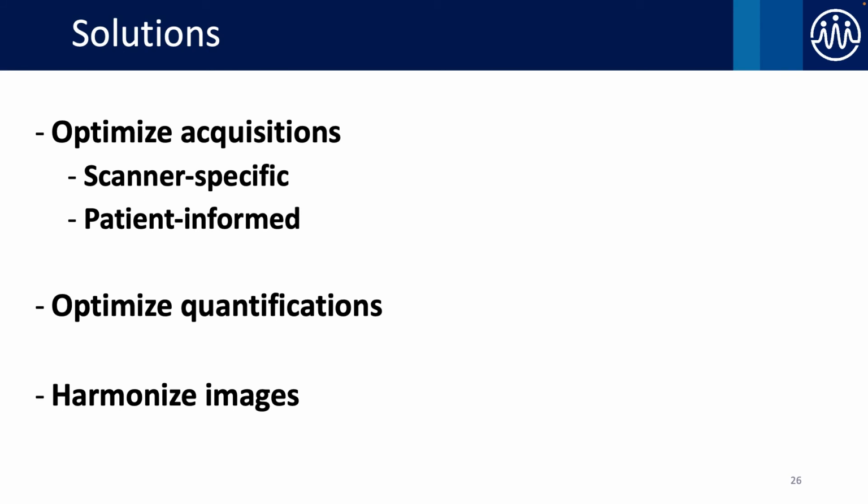If you have images that are coming from different vendors or different institutions, can we transform them into a domain where they would be harmonized, so that the effects of imaging parameters are minimized, and what you're actually looking at is more reflective of the disease? So basically, can we make them comparable in a sense? So I'm going to cover these few examples of solutions.